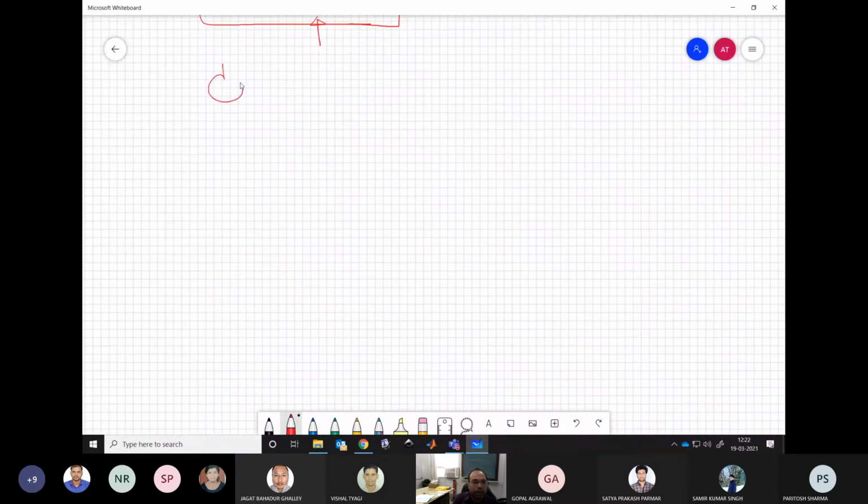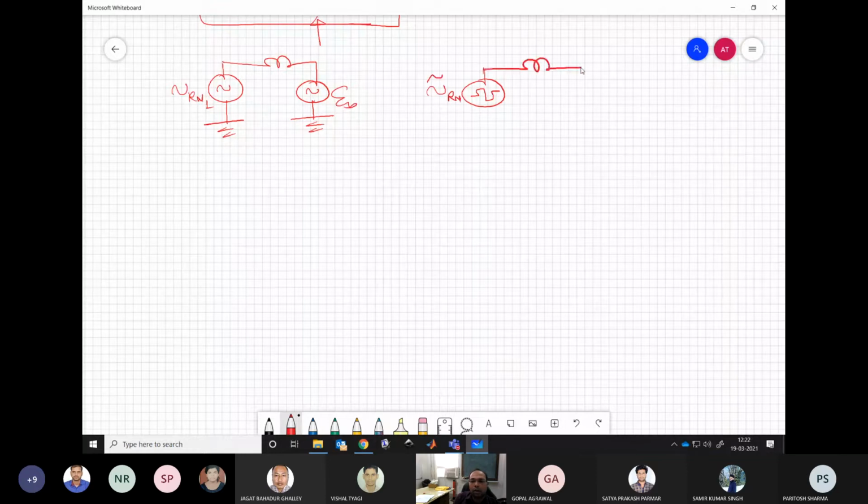If we want to solve the fundamental, we can do VRN1 with the back EMF EB, like what we have done earlier. Whereas for harmonic, we have only the ripple part: VRN ripple, then the leakage or any inductance in between, and that's all. On the other side there is no EMF.